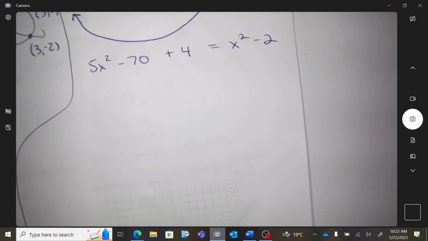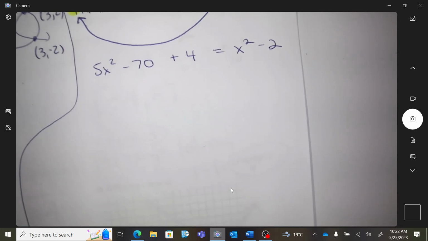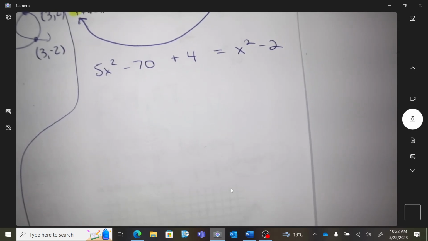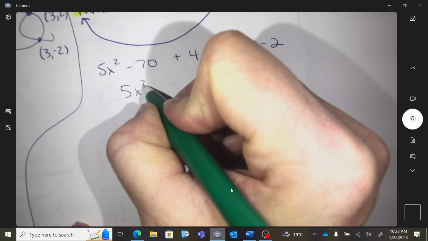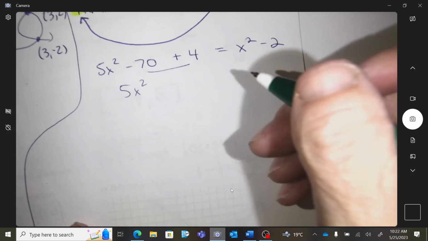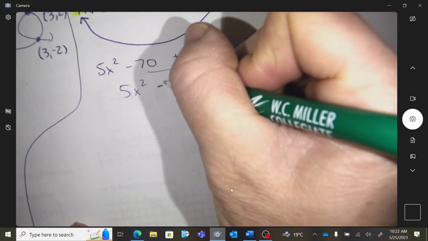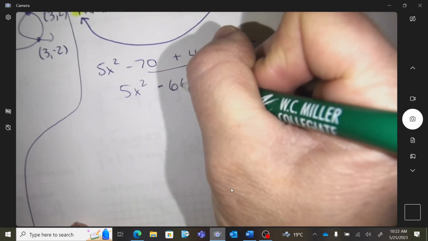Okay, what math are you doing here to solve this? How many variable types do you see? I just see one variable, right? There's just x squareds, so we're going to isolate. So let's do some grouping here. That makes negative 66.